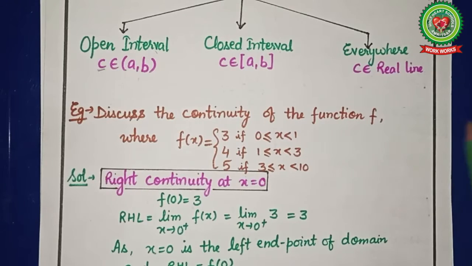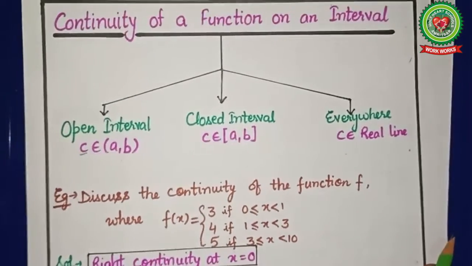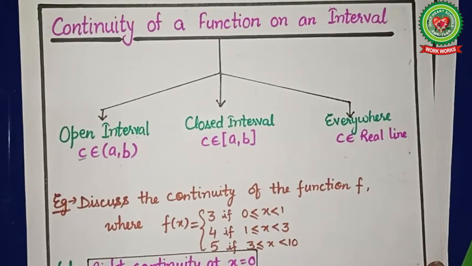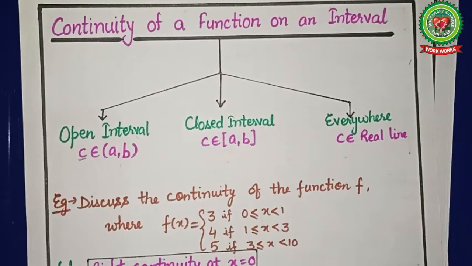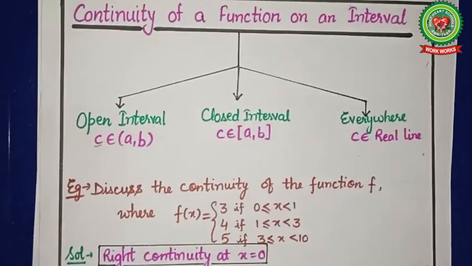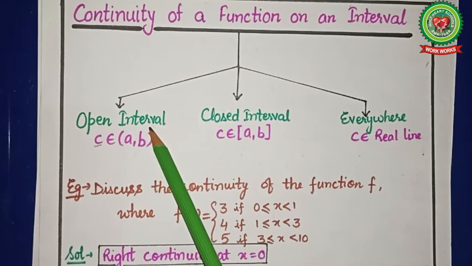In the previous section, we discussed the continuity of a function at a point. Now, next we shall discuss the continuity of a function on an interval. Firstly, we discuss the continuity of a function on an open interval.